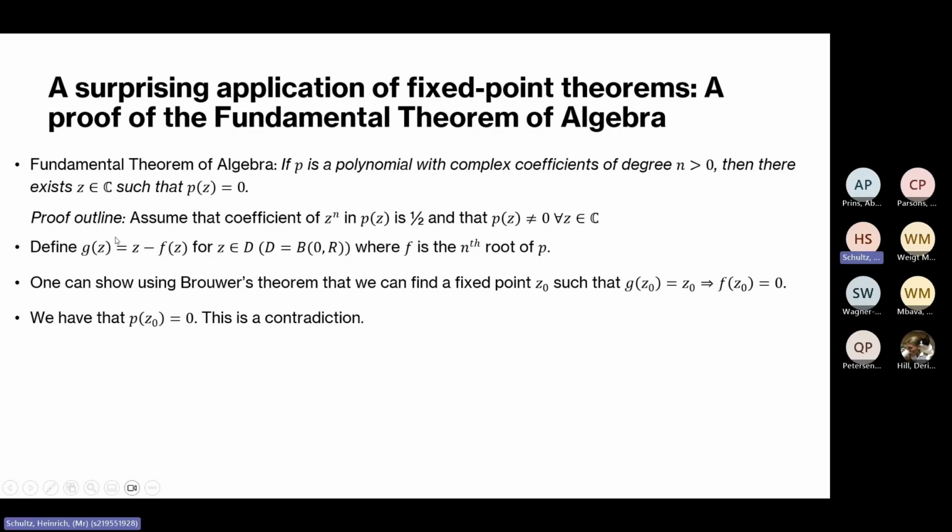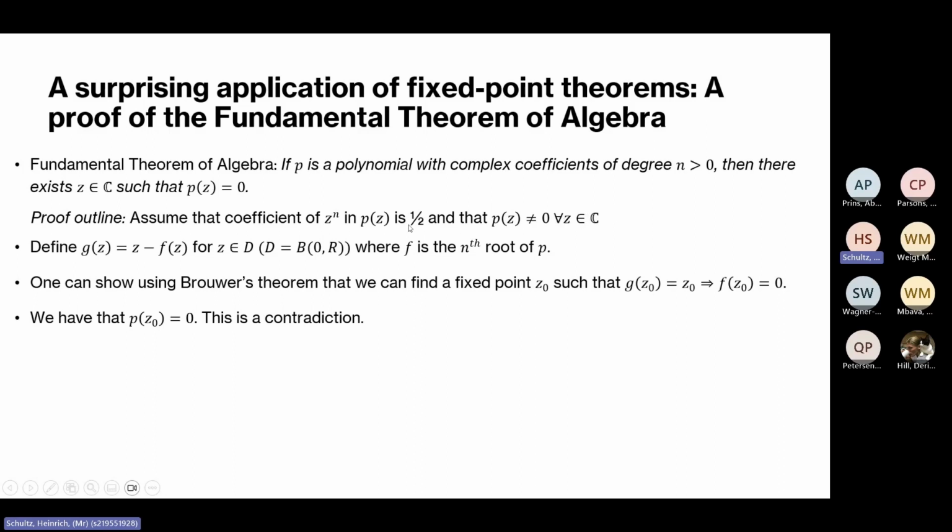I'll only be giving a little bit of a proof outline. We start off by assuming that the coefficient of z to the power of n in the polynomial P of z is equal to 1/2. We also assume that P of z is non-zero for all z in the complex numbers.